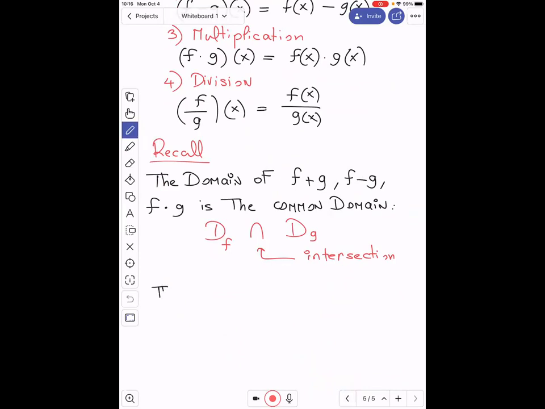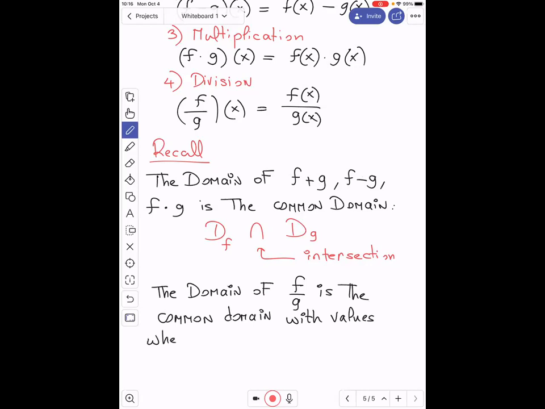Now, for f over g, we need to avoid division by 0. So we need to exclude the values where g of x is 0. So the domain of f over g is, again, the common domain, but the values where g of x is 0 are excluded.